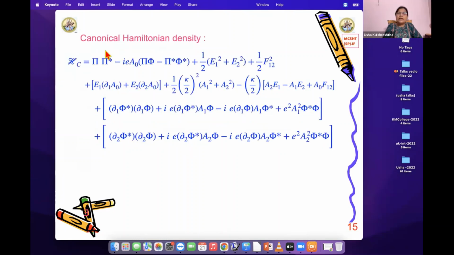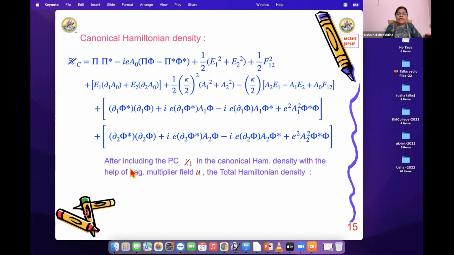Now, by use of the Legendre transform and by using the definition of momenta, we write down this canonical Hamiltonian density of the theory. And then after including this primary constraint chi1 in the canonical Hamiltonian density, with the help of this Lagrange multiplier field U, we write down this total Hamiltonian density. And this is our total Hamiltonian.